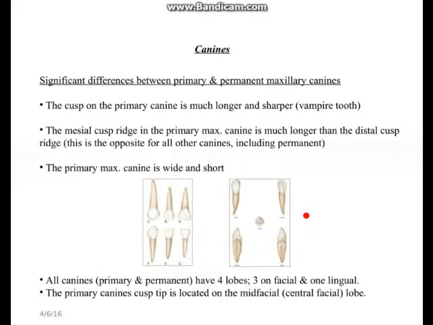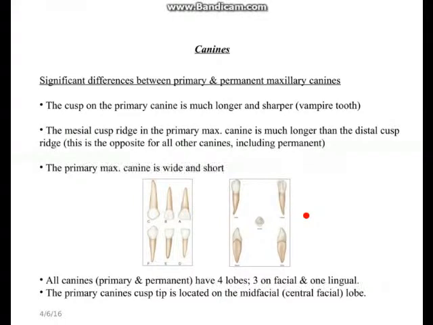Now let's talk about the canines. Now remember, when you talk about canines, especially when it comes to the primary dentition, I want you to remember one thing: vampire teeth. Every kid will tell you, oh, I have vampire teeth, because their canines are so sharp, right? And so it's anatomically different in shape than when you compare it to the permanent canines.